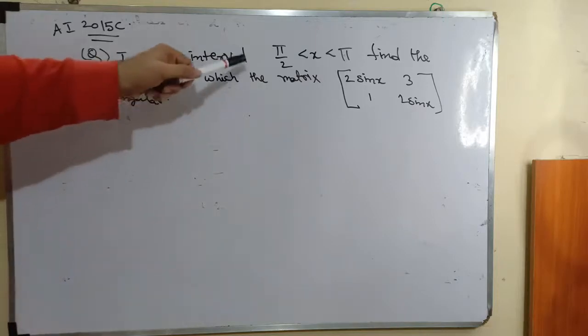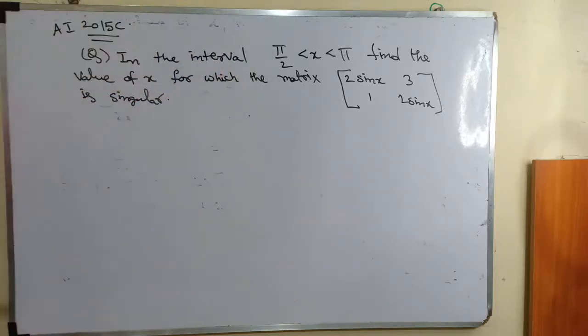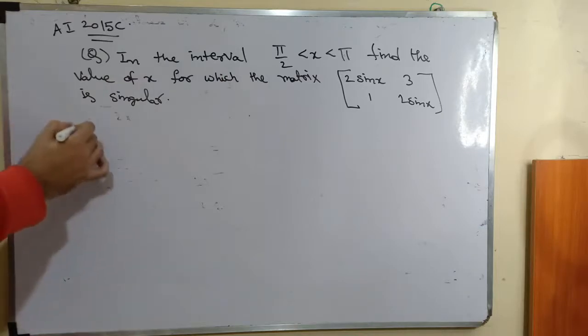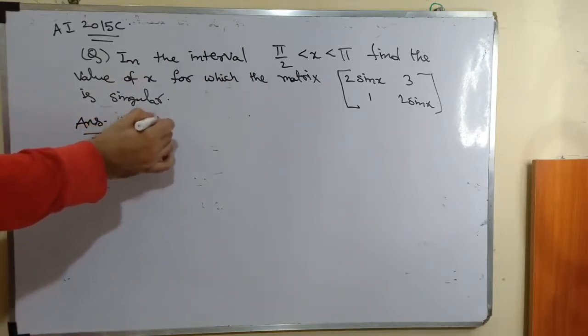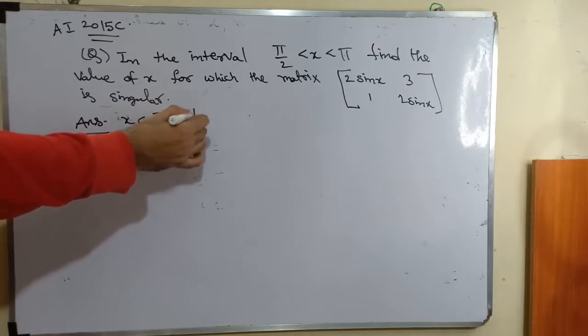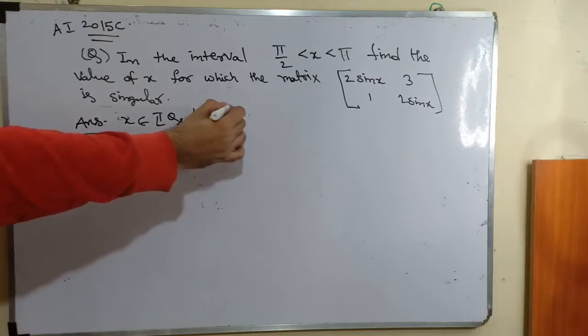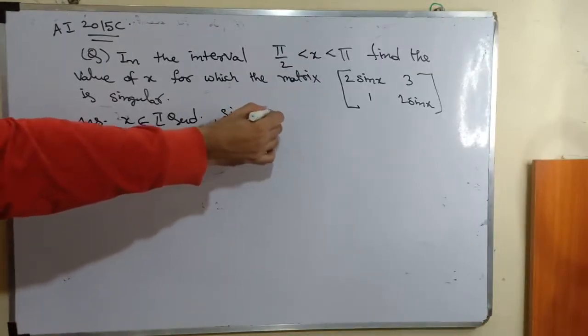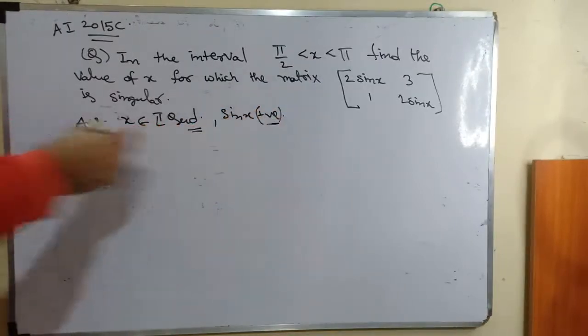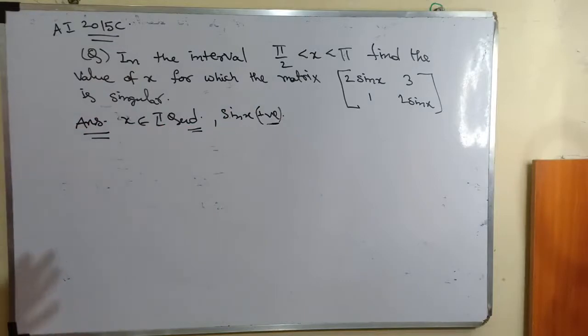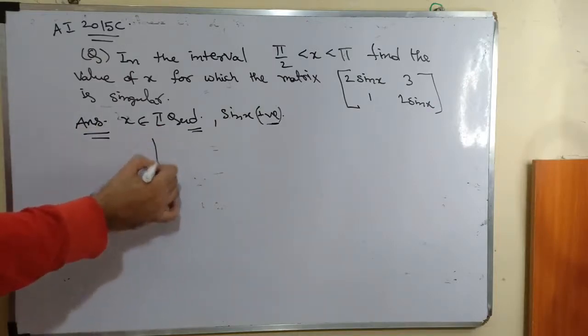But please understand this condition, pi by 2 less than x less than pi, which means that x belongs to the second quadrant. From the basics of trigonometry, we know very well that sin x is positive in the second quadrant. So while expanding the determinant and setting it to 0, the value of sin x we obtain should be positive. This is the idea we need to keep in mind.